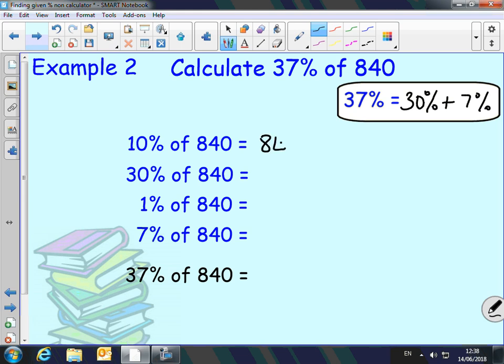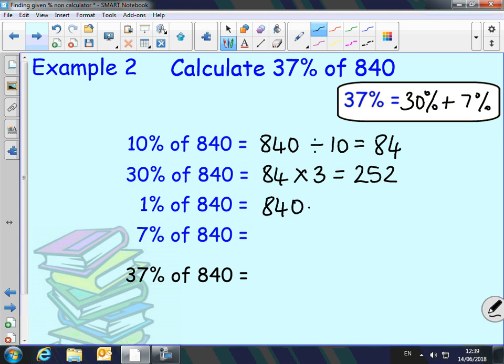So we know when calculating 10% of something, we divide by 10, which 840 divided by 10 gives you 84. Now there are 3 times 10 will give you your 30%. So we're going to multiply our answer, 84, multiplied by 3, and that is going to give you 252.